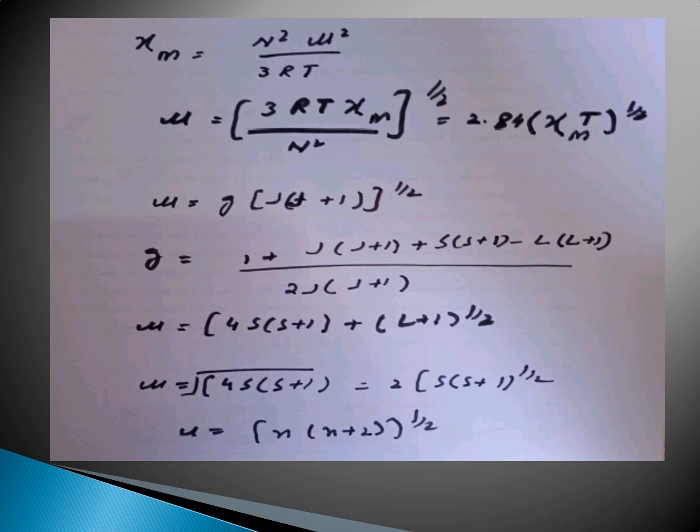From molar magnetic susceptibility, we will get the values of magnetic moment. We know that magnetic moment is due to the spinning of electrons. Spinning may be in their own axis or orbitals.